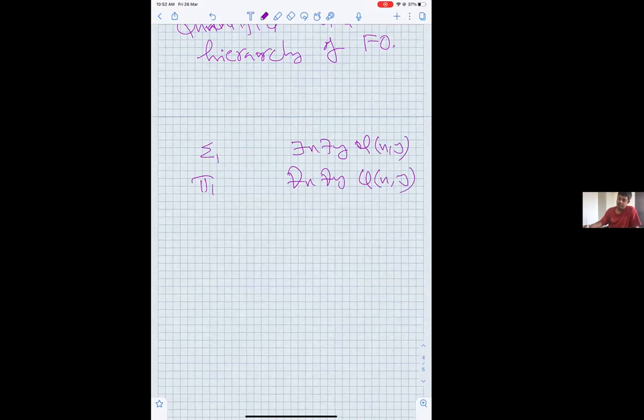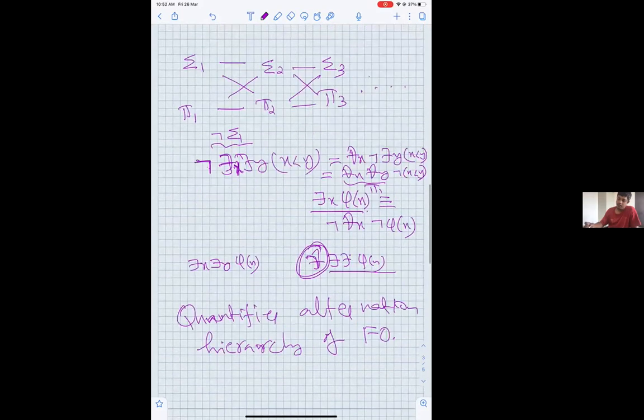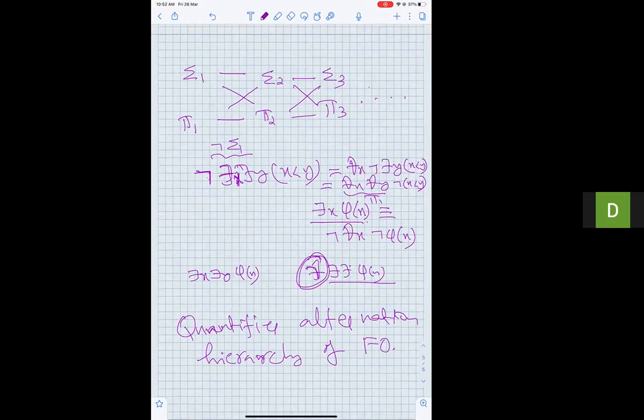What is a class which contains both of them? Sigma 2 contains both of them, pi 2 also contains both of them. But these classes have a problem that they are not closed under complementation. Pi 2's complement lies in sigma 2, sigma 2's complement lies in pi 2.